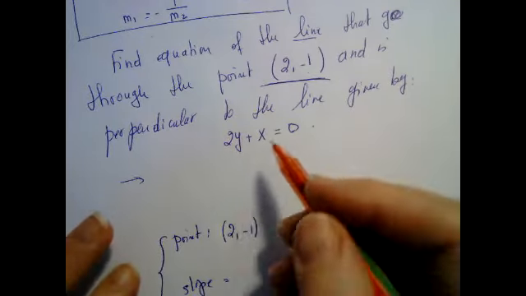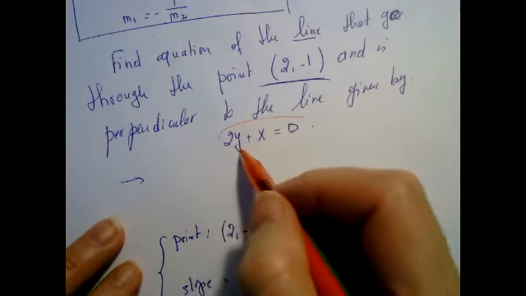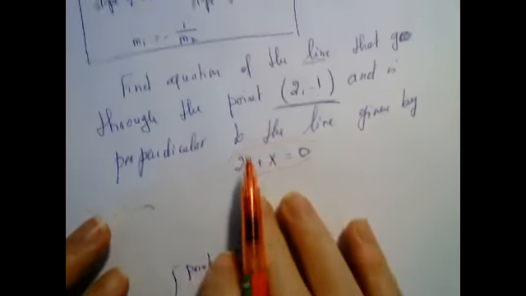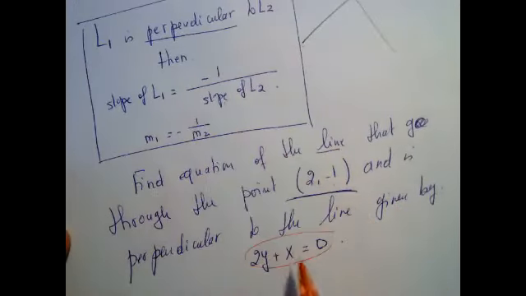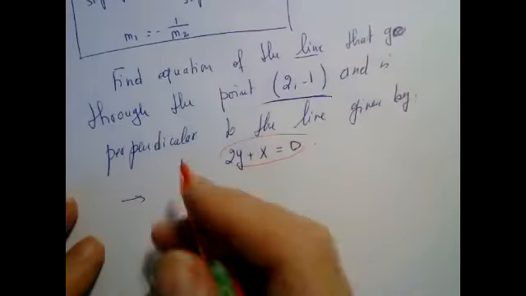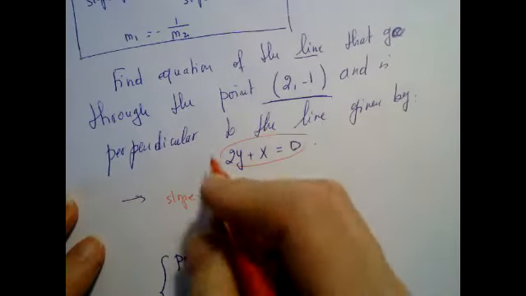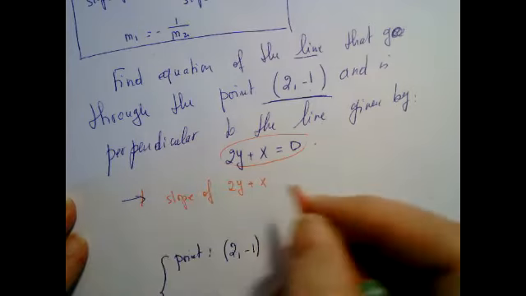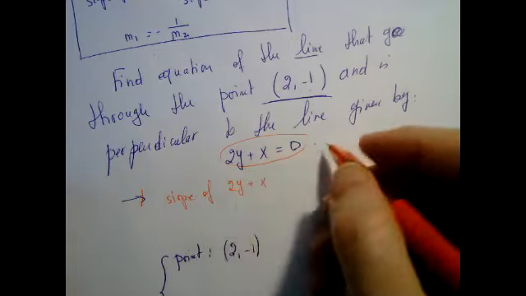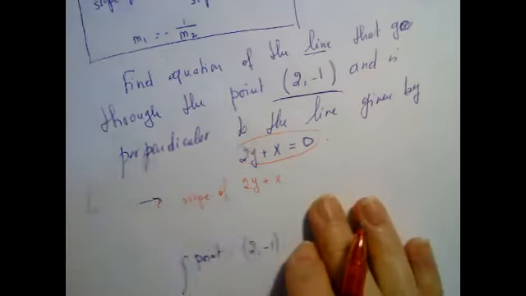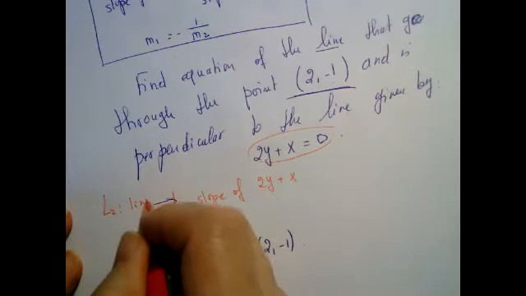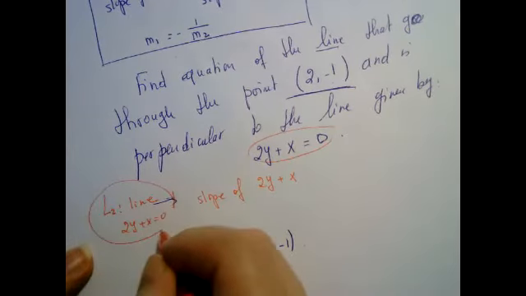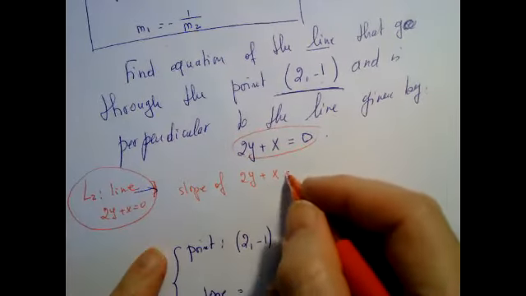My line is perpendicular to that line, which means its slope is going to be minus 1 over the slope of that line. So let us find the slope of 2y plus x equals 0. Let's call this line L2, the line 2y plus x equals 0. Then what's the slope of this line?